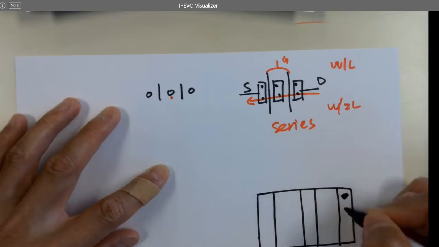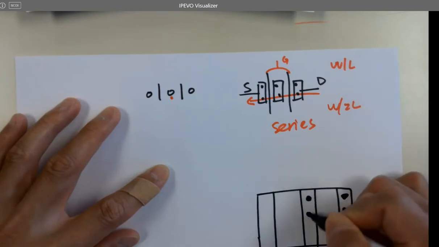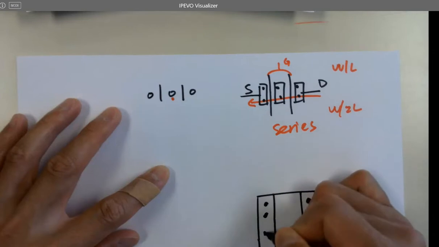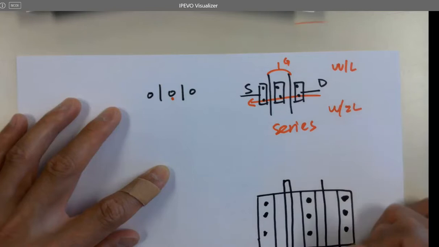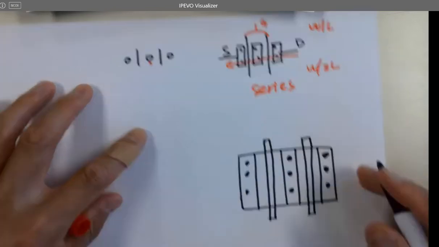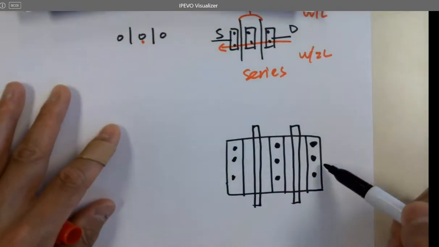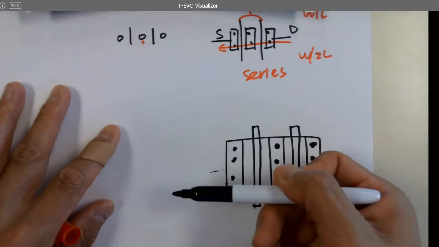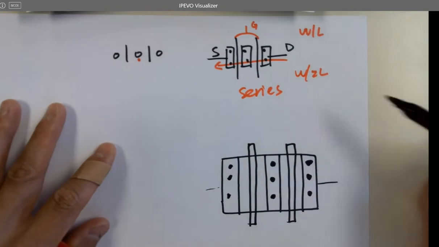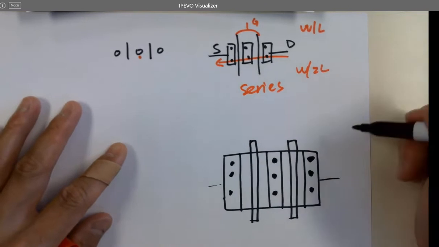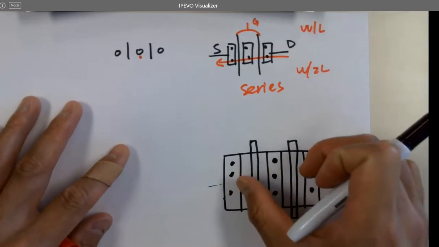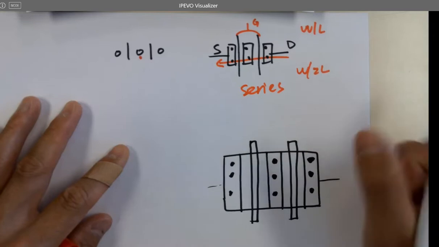Okay, here's the layout. VS, gate, two transistors. Okay. Again, if you connect here to one, here to one, and run current that way, you're getting 1W over 2L, right? But I can reconnect this circuit to make these two PMOSes in parallel instead of in series. How do I do that?